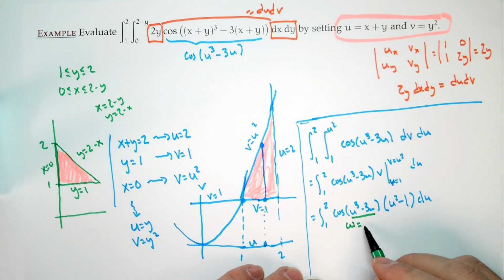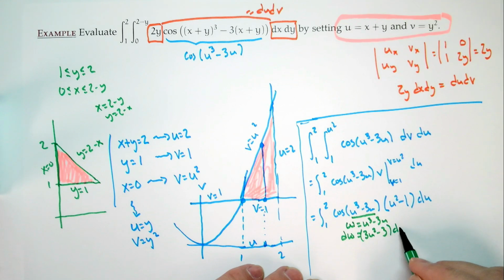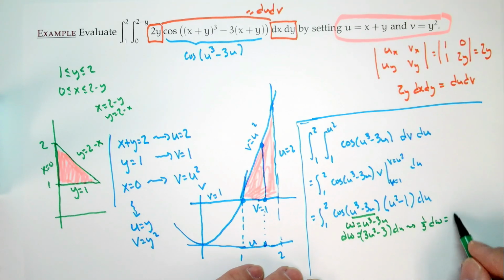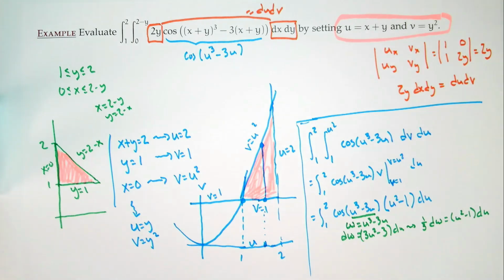So w equals u cubed minus 3u. dw is 3u squared minus 3 du. And if we divide everything by a third, we could say that 1/3 dw is u squared minus 1 du. So that's perfect, just what we need.